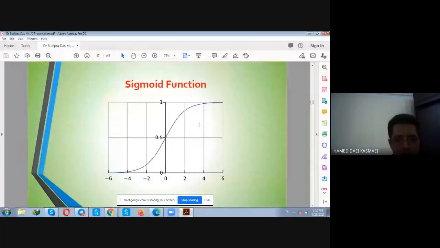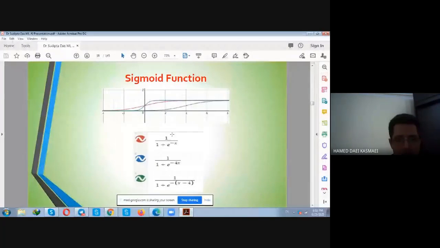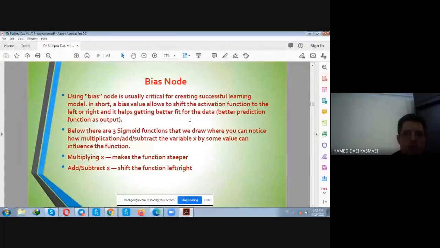You will see many kinds of sigmoid function in three colors, red, blue, and green. You can define the different parts based on the neural network that you want to define. And using the bias node is usually critical for creating a successful learning model.